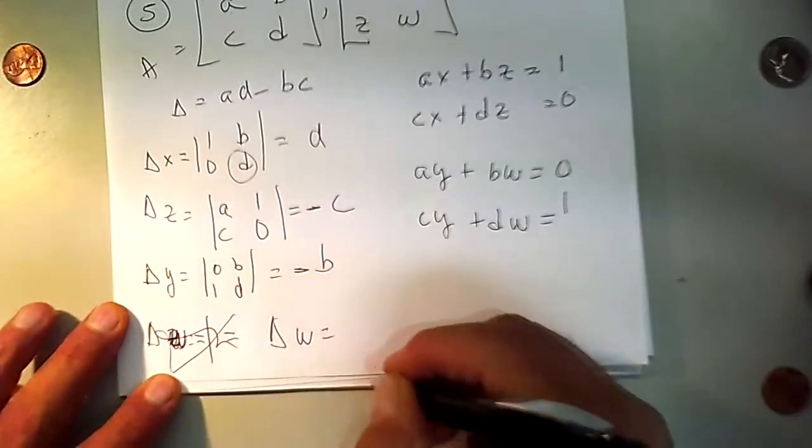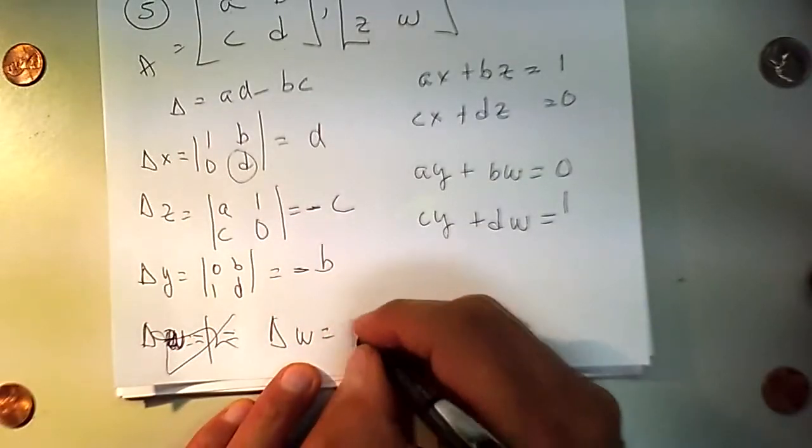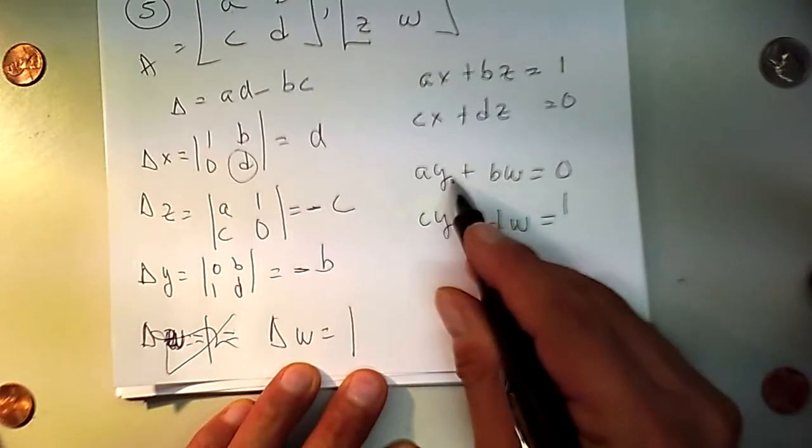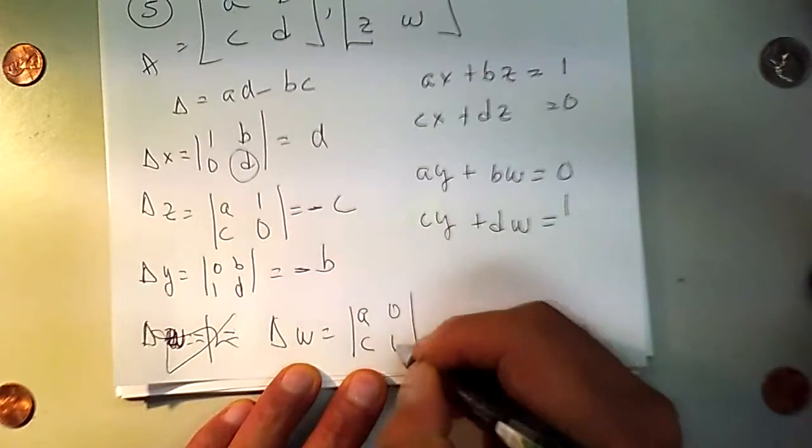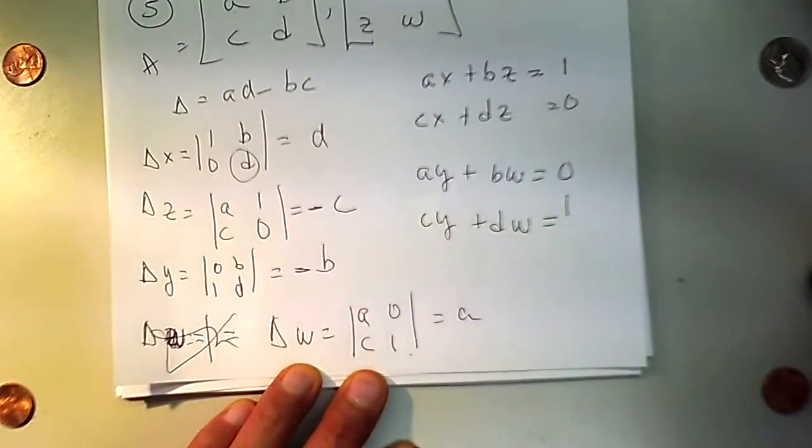Delta W is, okay, A, C, 0, 1, so that is A.